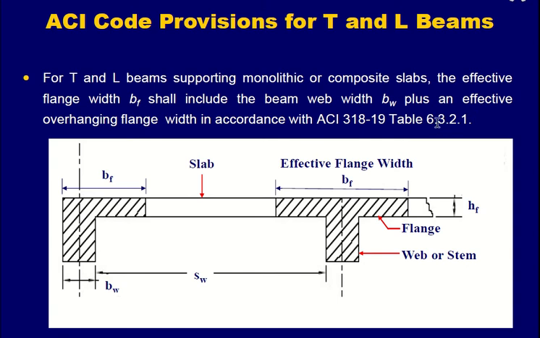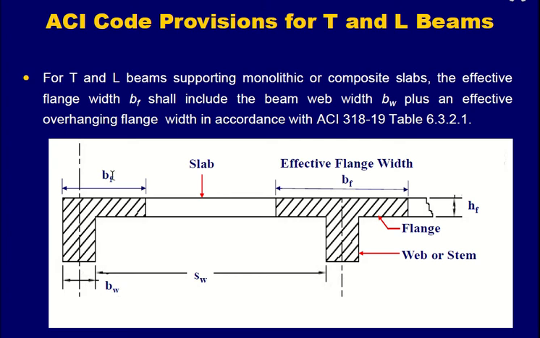Okay, so ACI says that if you are taking the part of slab that is acting as beam, how much will be the width of that effective slab width? So, ACI has given some values in Table 6.3.2.1 for T beams and for L beams.